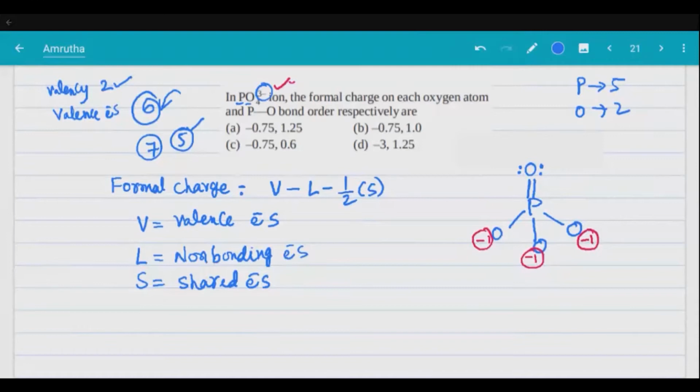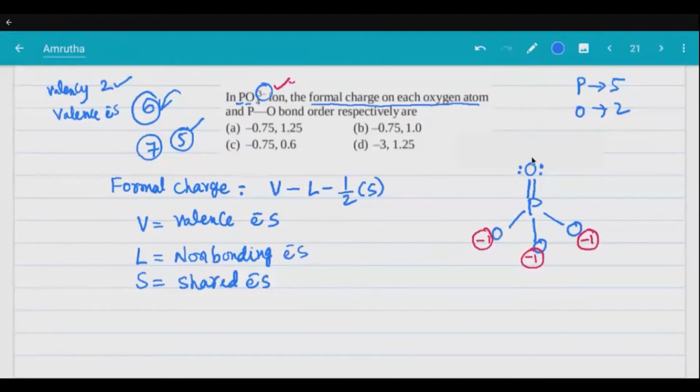Now, what they're asking is the formal charge on each oxygen atom. There are 4 oxygens. So what will be the formal charge on each oxygen? Look at this: -1 charge on 3 oxygens. There is 0 charge on this particular oxygen.